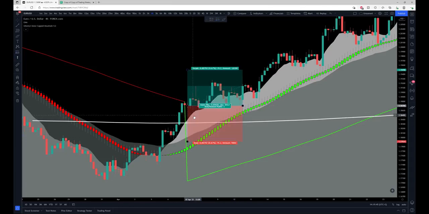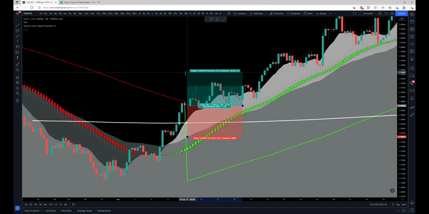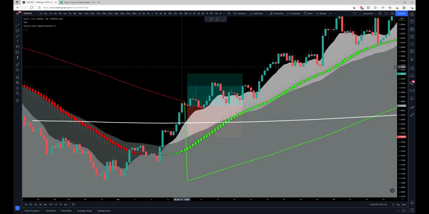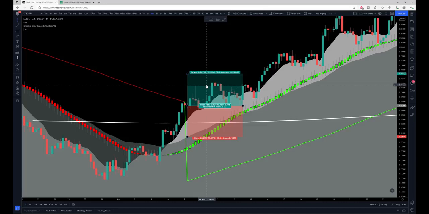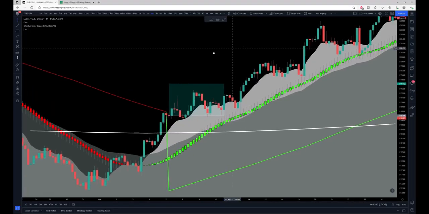So that's going to be the long entry candle. The stop loss will be placed at the gray area just below the white snow. And my first target will be 1 times the risk. Once price has reached 1 times the risk, half the profit will be taken and the stop loss will be moved to break even.